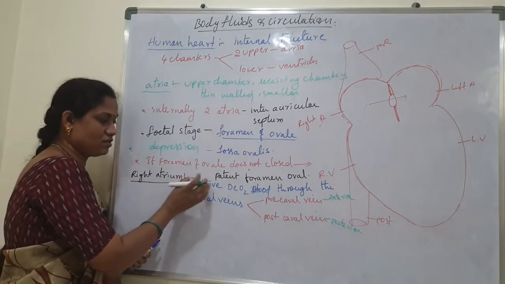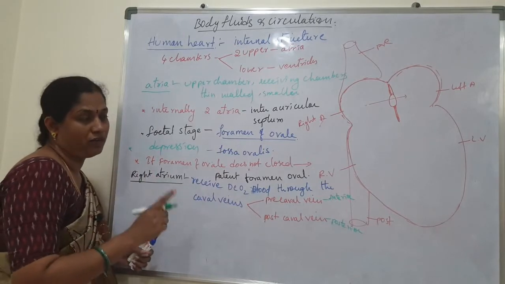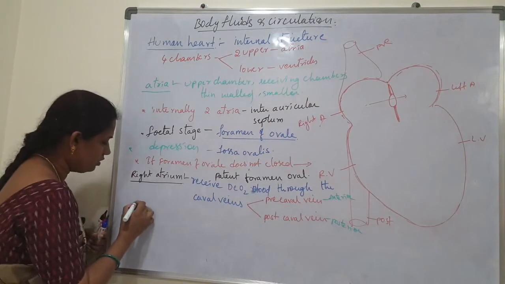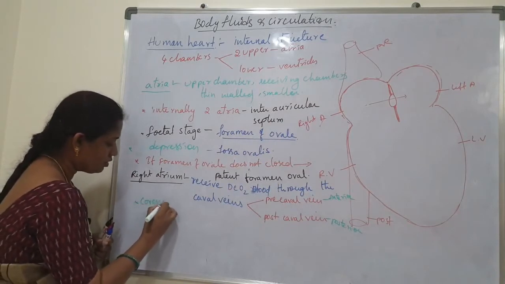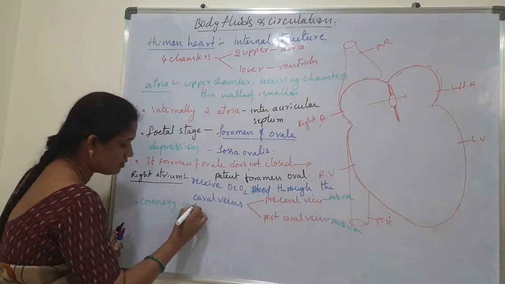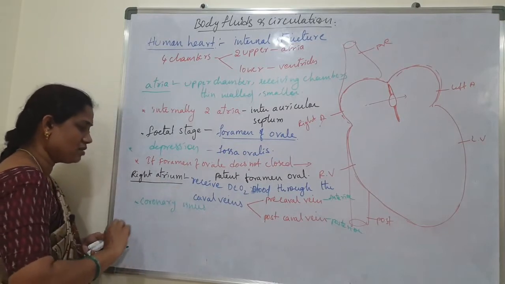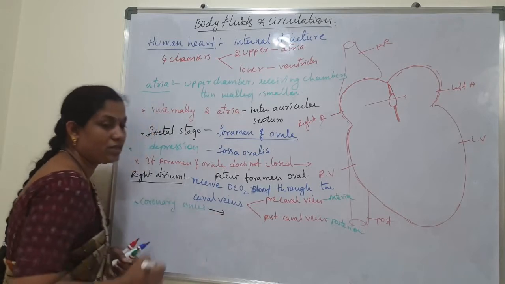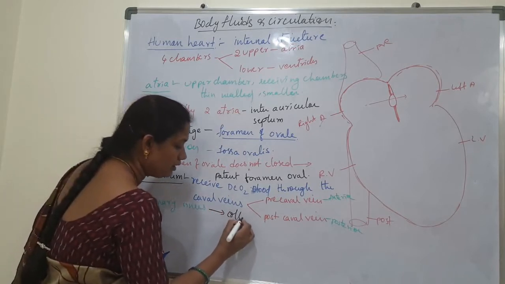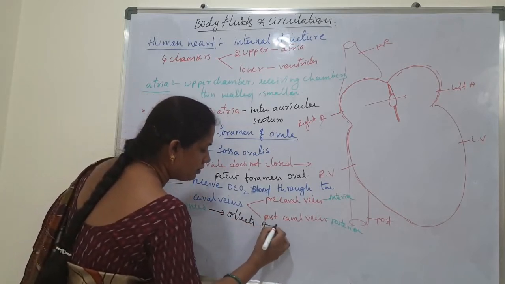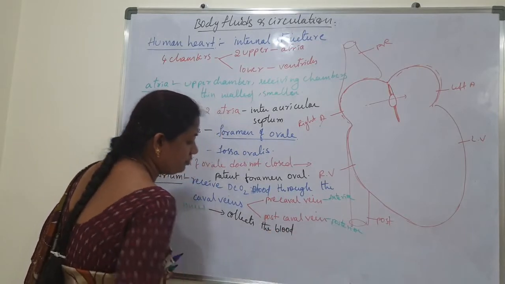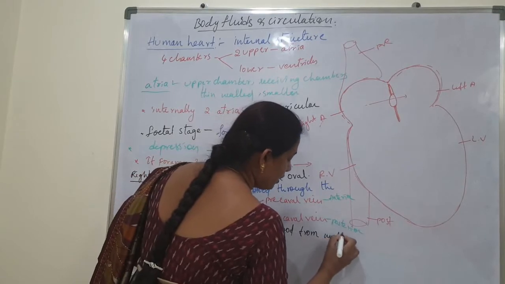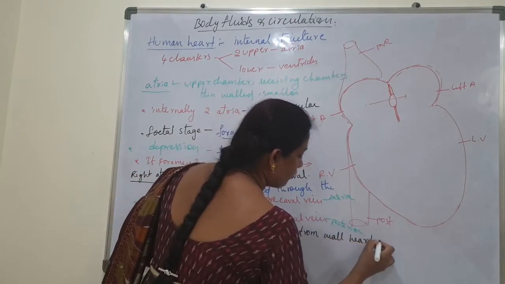Next, along with these caval veins, one more vein also opens into the right atrium, that is called the coronary sinus. This coronary sinus collects the blood from the wall of the heart.